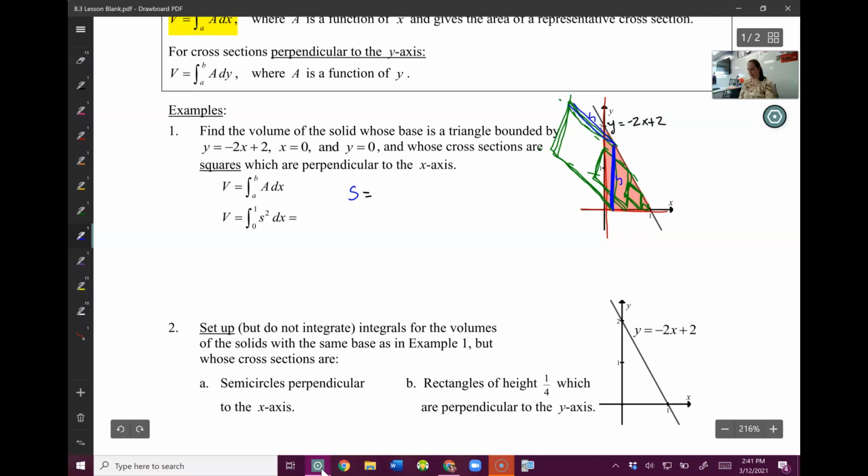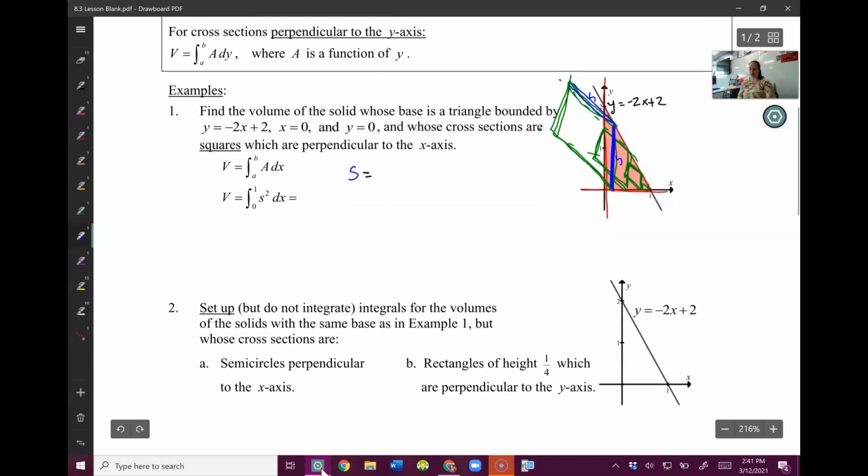S times s is the area of my square. So s is this base here, which is going to be top minus bottom, what we were doing in 8.2. So the top equation is this negative 2x plus 2. This bottom is the x-axis, or 0.